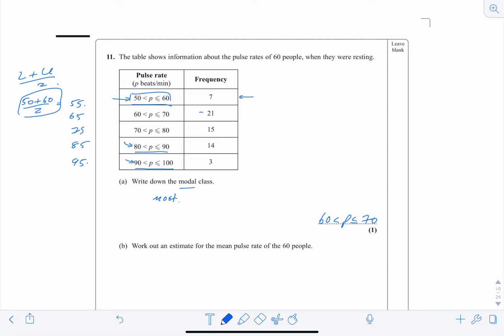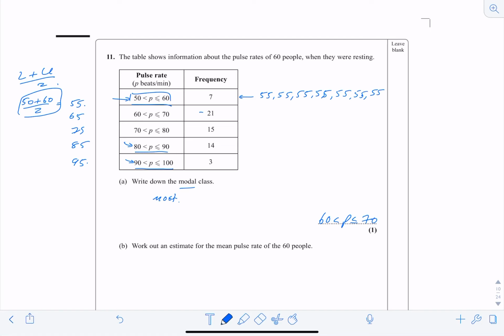Okay, so that means that if I would collect all my data of 60 people, the first 7 pieces of data would be 55, 55, 55, 55, 55, 55, and 55.